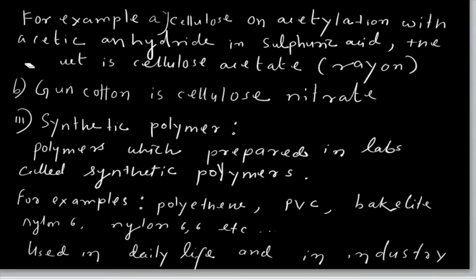Here acetylation takes place, that means acetic anhydride is added in presence of sulfuric acid. This is called cellulose acetate, and the commercial name is rayon, which is very important in our cloth industry.